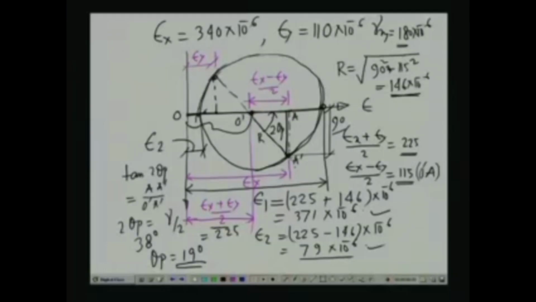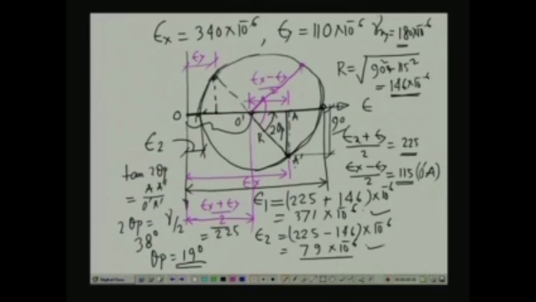So, if it is oriented at an angle of 30 degrees, in the Mohr plane it is twice the theta. So, it is 60 degrees. Now, with reference to the positive epsilon x and gamma xy by 2, if we orient by 60 degrees, this is the 60 degree point, and if we join the line from the center to this point, we get the direction where we need the strains.